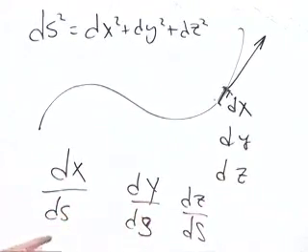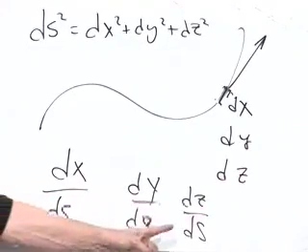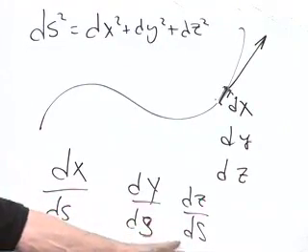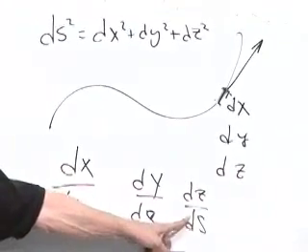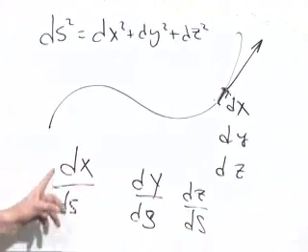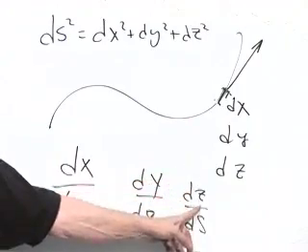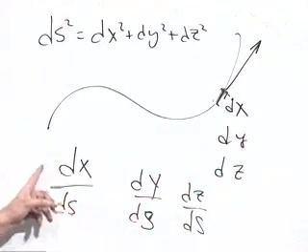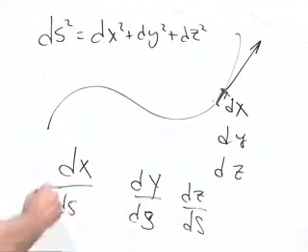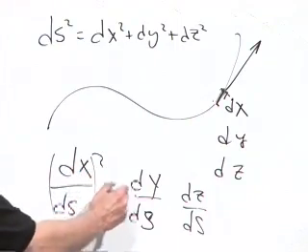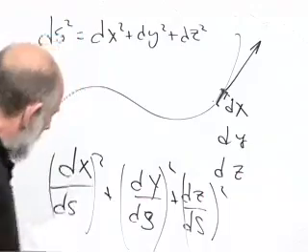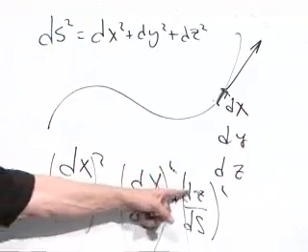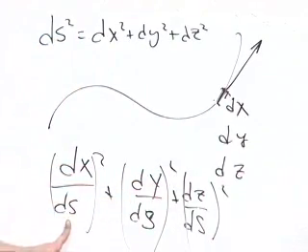Incidentally, can you see why this tangent vector is a unit vector? It's because the sum of the squares of each component is equal to 1. Why is that? Because ds squared is dx squared plus dy squared plus dz squared. All right? So if I square up the components and add them together, dx squared plus dy squared plus dz squared is ds squared.